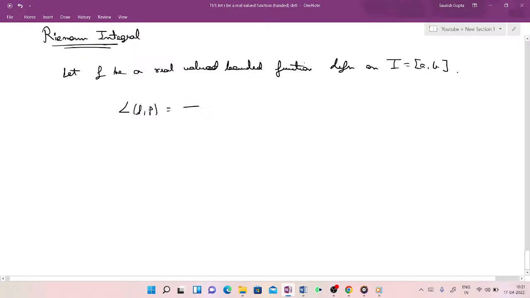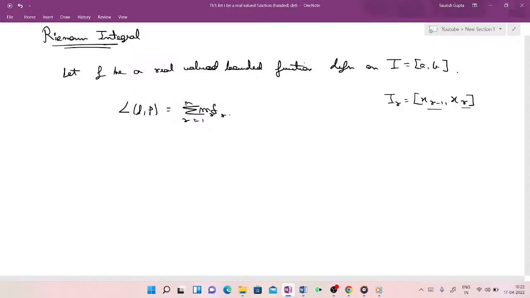LFP was the summation r equals to 1 to n, m_r times delta_r. m_r was the greatest lower bound of the interval I_r, right? Where I_r was the interval x_(r-1) to x_r, where these elements belong to a set which we call partition, right? We have recalled this.